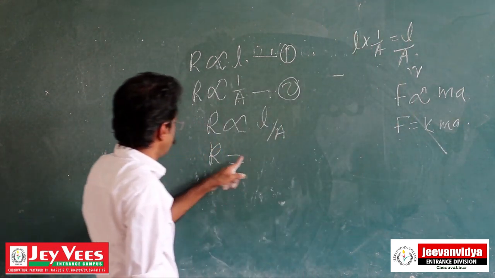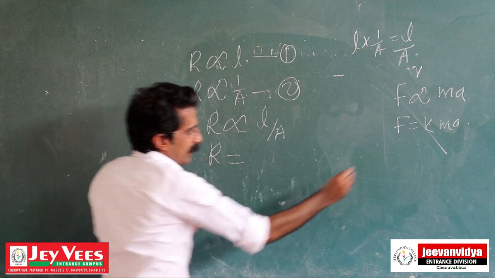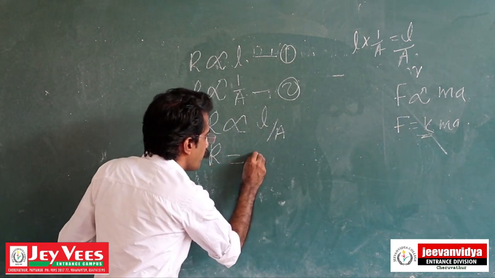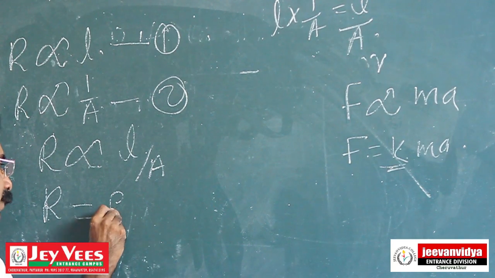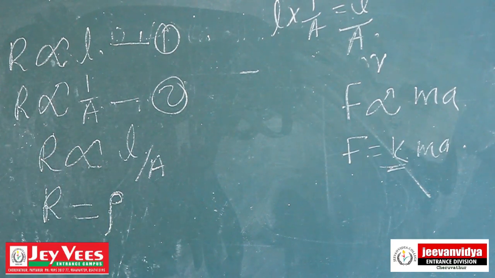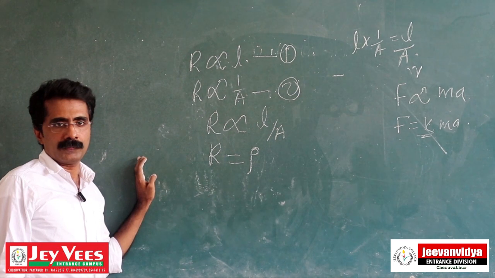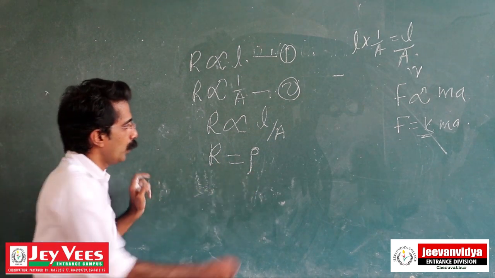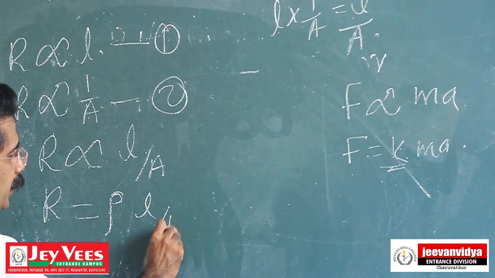So R is equal to, K is a constant, okay? The constant is denoted by the letter rho. R is equal to rho into L/A.